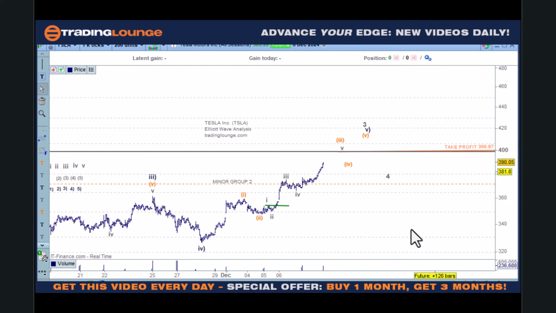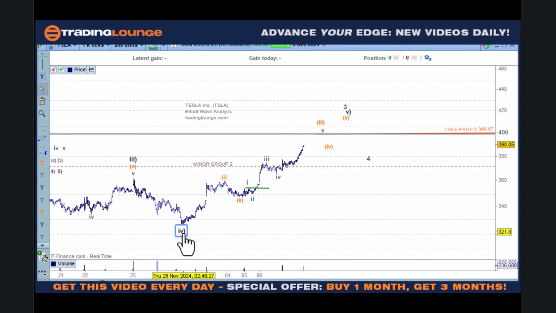It's pretty clear this trend as 1 and 2. We're working through all of that, and then we've got 1 and 2 and 3 and 4, and then we'll go up for wave 5 of 3 here, and then wave 4 react here a bit, and then wave 5. I don't know how high wave 5 is going to go, but it'll be up there somewhere, something like that in here.